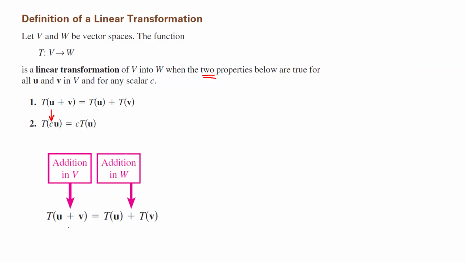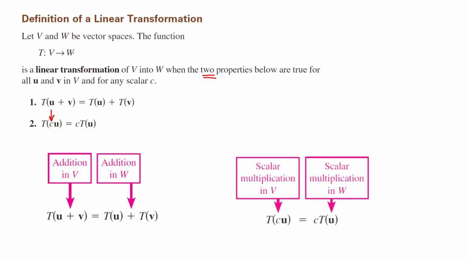The first operation is in the domain, and the second addition is in W. The same for scalar multiplication: scalar multiplication in V, and on the right hand side you have scalar multiplication in W, c times T(u). So if you have a function that satisfies these two conditions, then you say that you have a linear transformation.